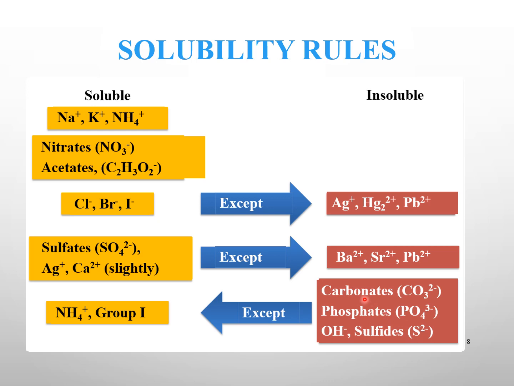On the other hand, you should assume carbonates and phosphates, oxides and sulfides are all insoluble unless paired with a group 1 or ammonium, because anything paired with group 1 and ammonium are always soluble. So you just have a few ions here with a couple exceptions, and some other ions here that are always insoluble, and a couple exceptions here.